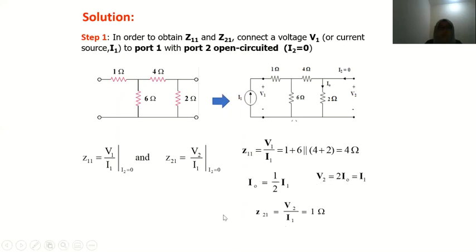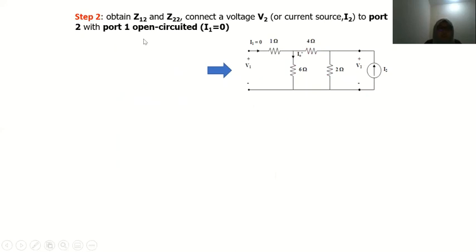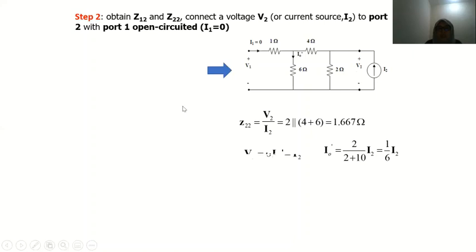Then we go to the second step, to obtain your Z12 and Z22. You give the voltage V2 and current I2 at your output terminal, by open circuiting your input terminal, so your I1 becomes 0.